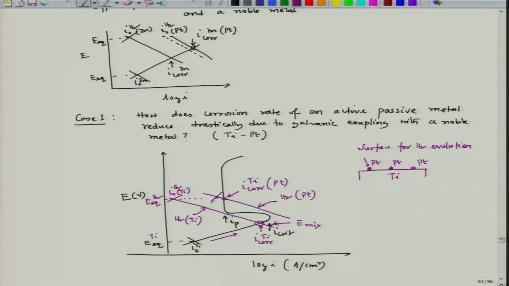Now I would definitely see that the corrosion rate when it was only titanium was at this location, and after having platinum on top of titanium surface, corrosion rate becomes at this location, in the passive zone. So, the corrosion rate decreases drastically because it is in the log scale.